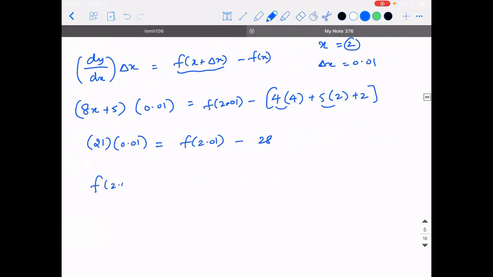So f of 2.01 is equal to 0.21 plus 28. How much you got? 28.21. Yes, sir. That's the answer. I hope you're connecting with the book answer as well, right? It's 28.21.